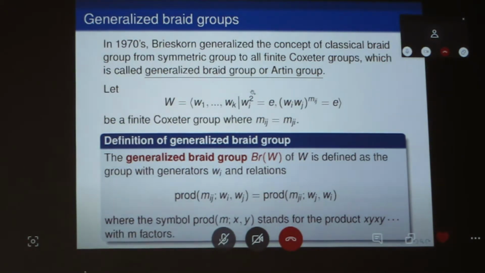You remove this condition, then the generalized braid group is defined by just the remaining condition.